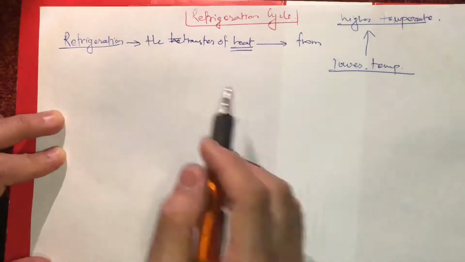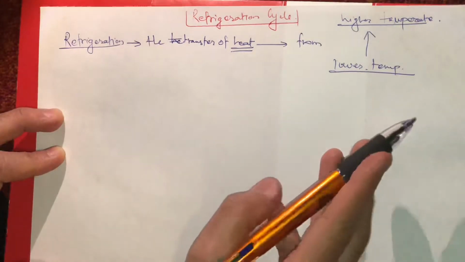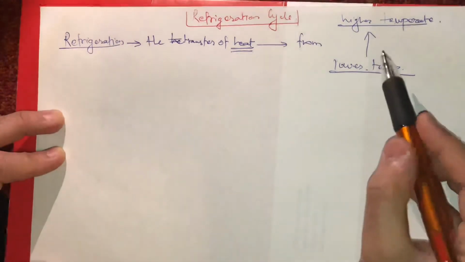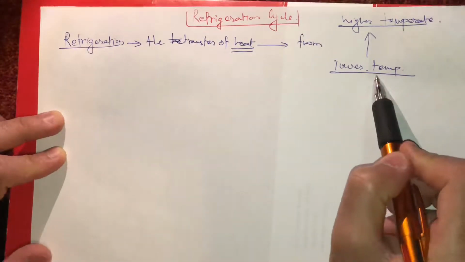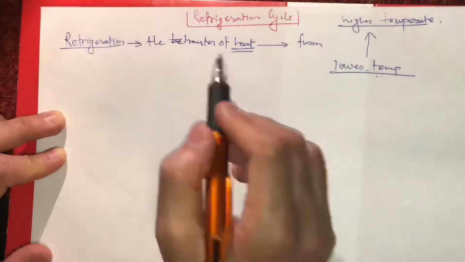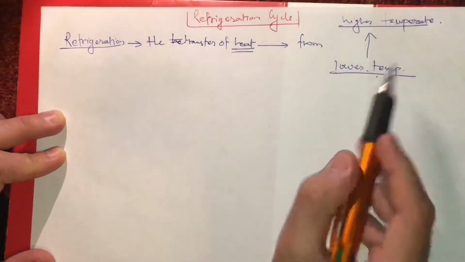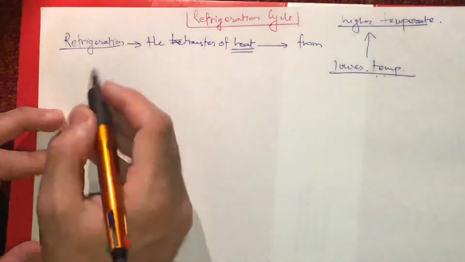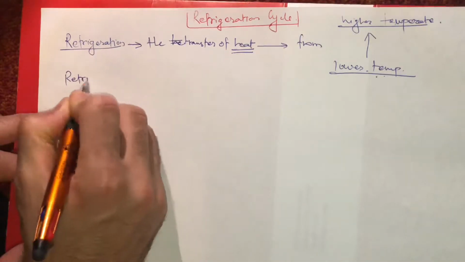If we just see the normal trend of transfer of heat, we know heat transfers from higher temperature to lower temperature. But here in the refrigeration cycle, heat actually transfers from lower temperature to higher temperature. So let's see what the refrigeration cycle is.